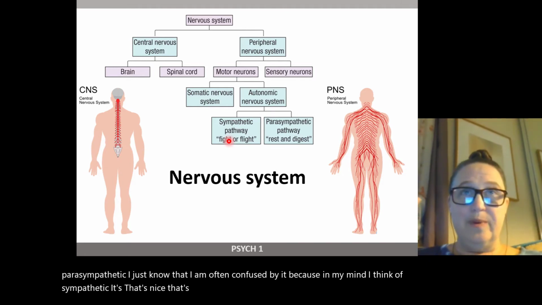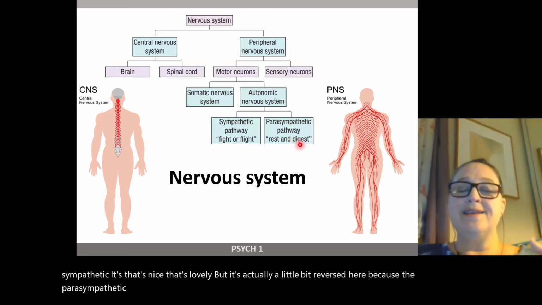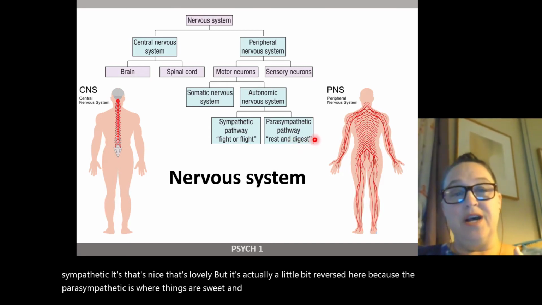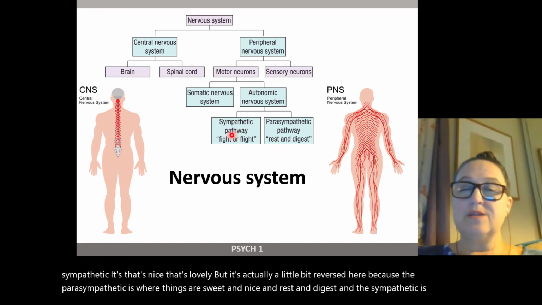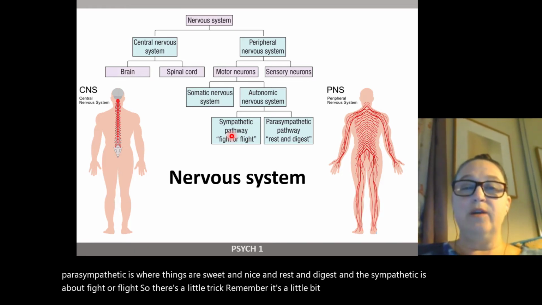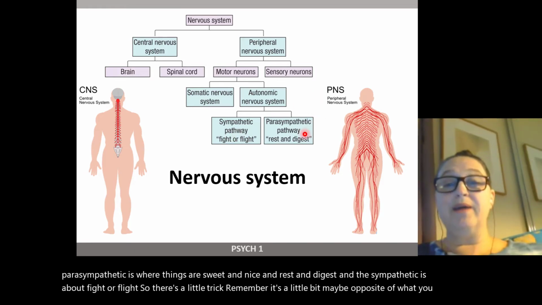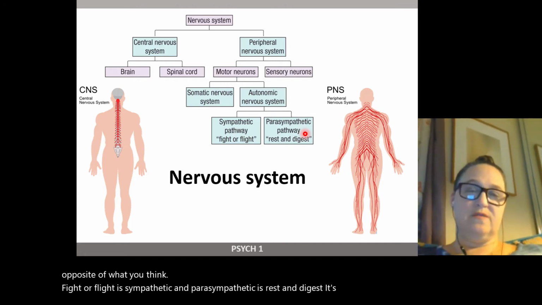But it's actually a little bit reversed here, because the parasympathetic is where things are sweet and nice, rest and digest, and the sympathetic is about fight or flight. So there's a little trick. Remember, it's maybe opposite of what you think. Fight or flight is sympathetic, and parasympathetic is rest and digest. It's what happens when everything is just fine.